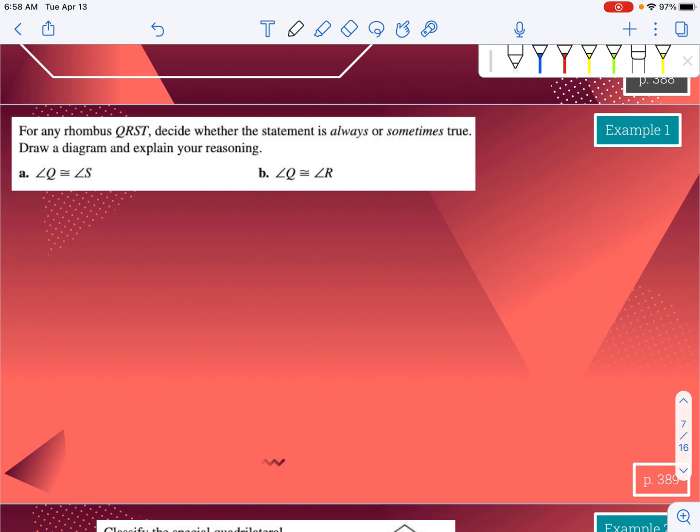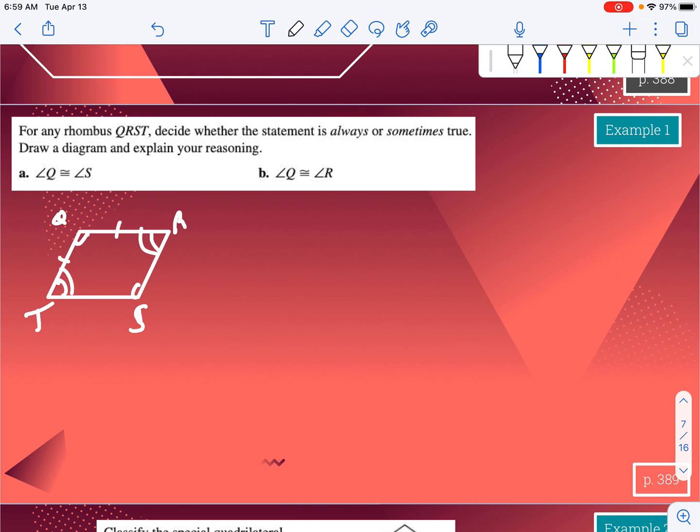Then we looked at this example, and the last group did a really nice job of that. So it says for any rhombus QRST. Remember, in a rhombus, that means that these are congruent.